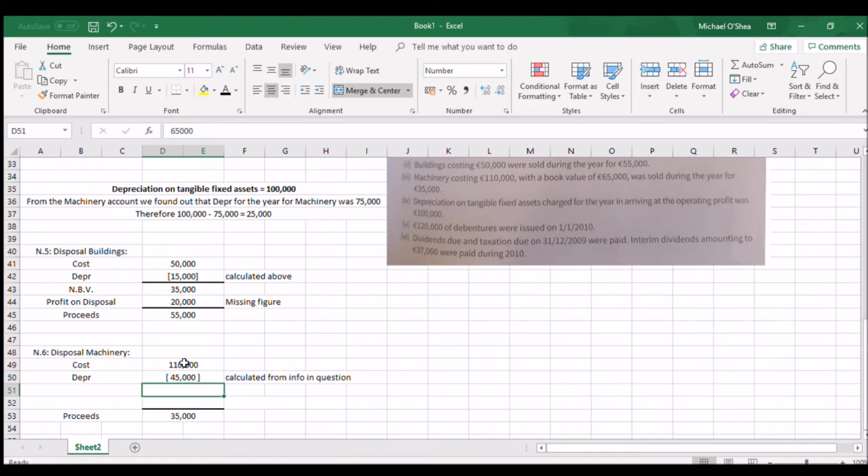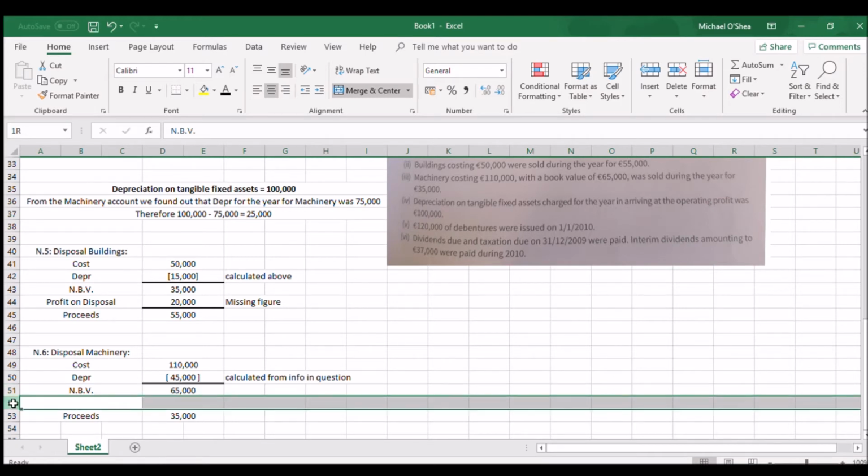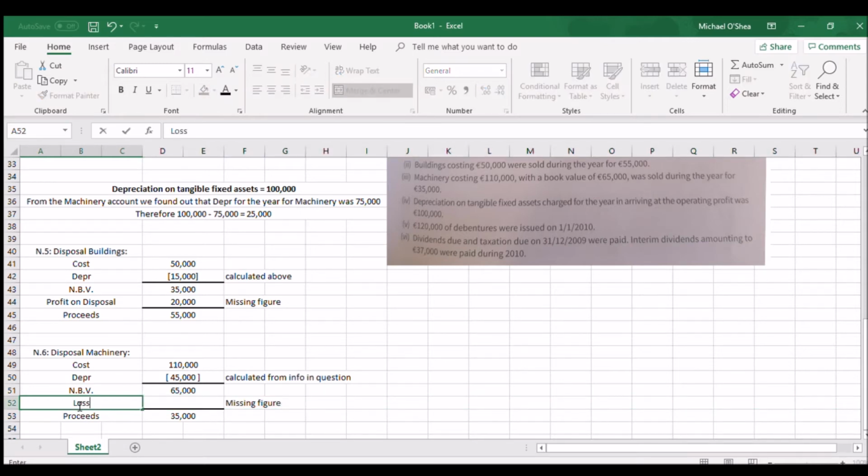They told us the net book value was 65,000. We worked the depreciation out, so this is something we've already calculated ourselves. It was worth 65,000. We sold it for 35. So that 30,000 difference is going to be a loss on disposal. It's a missing figure. Loss on disposal of 30,000.